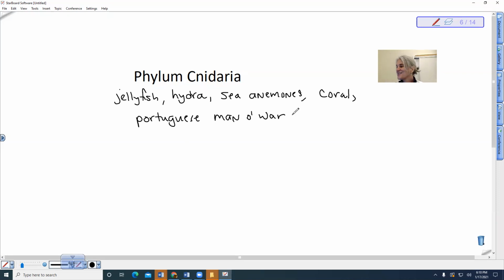Okay, so when we look at the Cnidarians, one of the shared characteristics that they all have is that they have two tissue layers, so they are said to be diploblastic. They have an ectoderm and they have an endoderm.